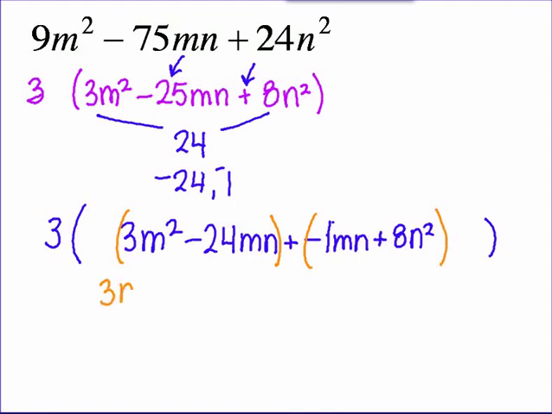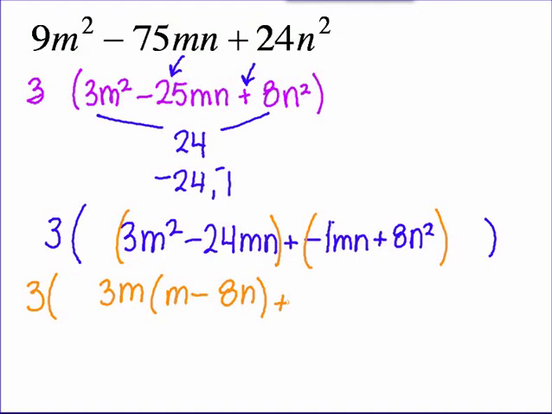3m. Okay, so notice I still have my 3 outside here, so I'm just going to leave that alone. If I take out a 3m, that leaves me with m minus 8n. Okay, good. Don't forget about that n. m minus 8n. What can you take out from this one right here? Where did the m go, though? Oh, you took it out.